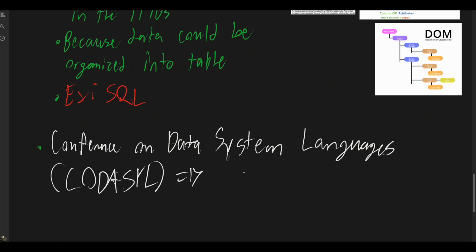They also had their own model called the CODASYL model. The CODASYL model was a generalization of the hierarchical model.